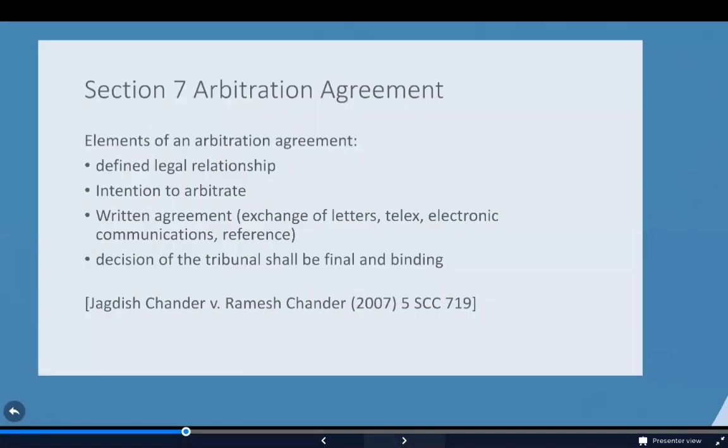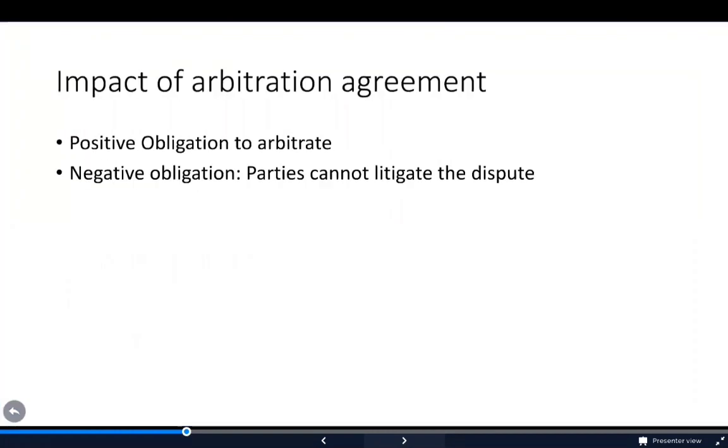So let's go to the next part, which provides the impact of an arbitration agreement. Let's assume for a second that two parties entered into an arbitration agreement. What is the effect of it? The effect is that if there exists a dispute in future, the only place where both parties have to go for resolution is arbitration, and they don't have a right to go to court.